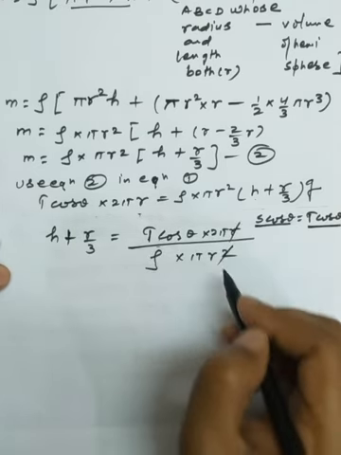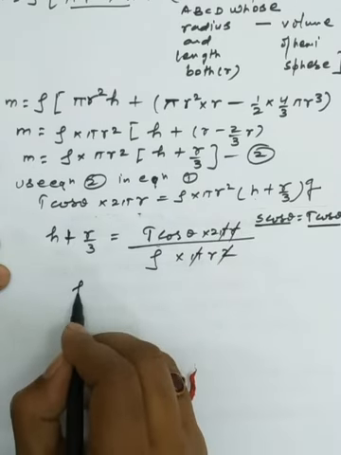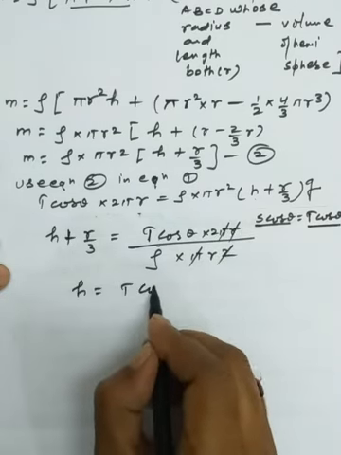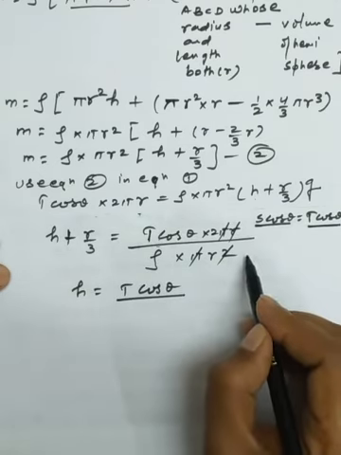Whenever we make the cancellation of the terms, what we get is h equal to T cos theta, and since g is also there, we get rho r g.